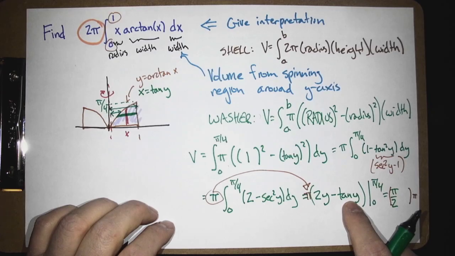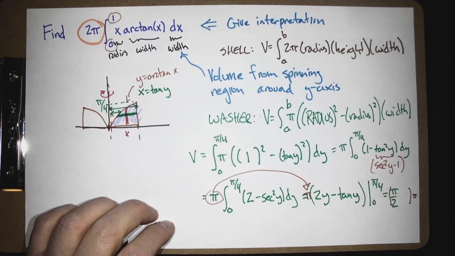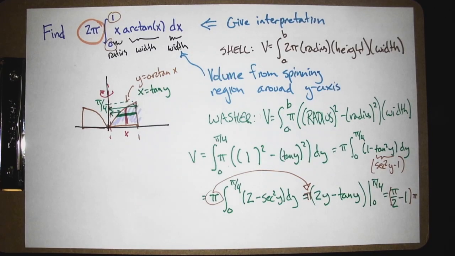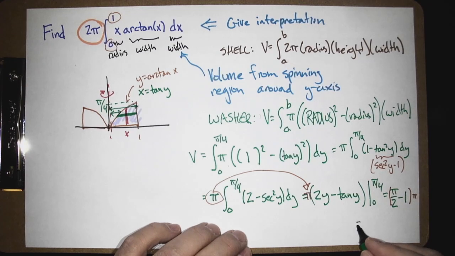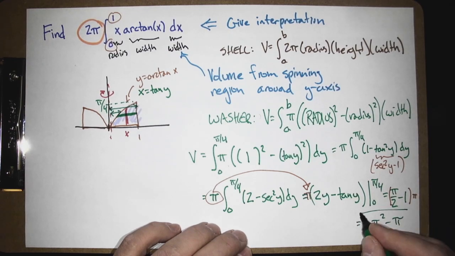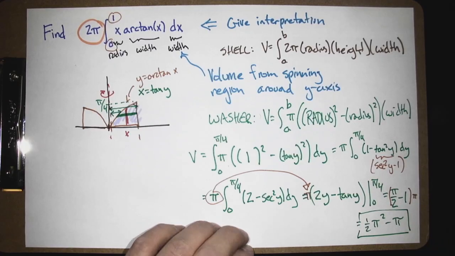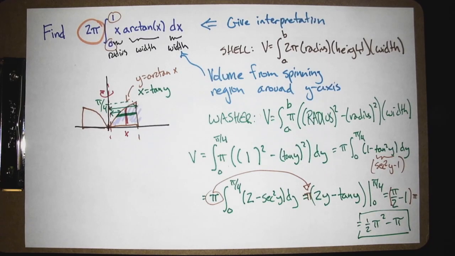Tangent of pi over 4 is 1. And then, don't forget to multiply by pi. Plug in 0. 2 times 0 is 0. Tangent of 0 is 0. So we end up with 1/2 pi squared minus pi. And we did it. Woohoo!